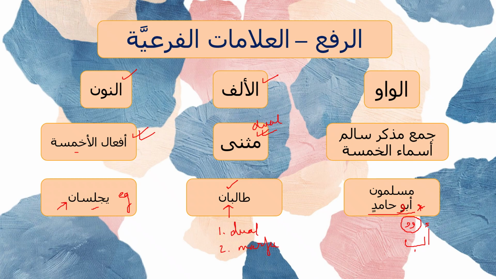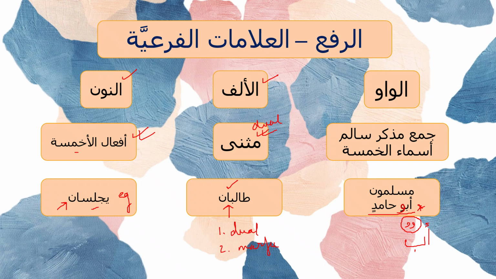This noon is actually an extra noon, but when it is present it tells you that this verb is in marfu case. In verbs also we see that the present tense changes its position from marfu to mansub to majzoom, and I'm talking only about the present tense.